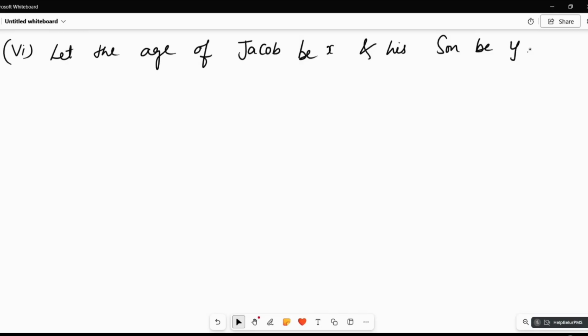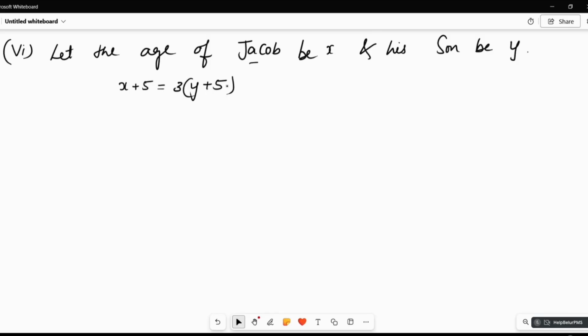After 5 years, his age will be x plus 5. But what will be the son's age? The son's age will be y plus 5. And what is the relation he is giving? It is 3 times that of his son. So, 3 times y plus 5.